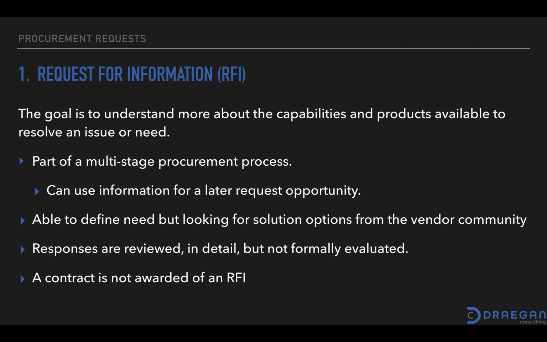The responses are timed, so they have an issue date and a respond-by date. The responses are reviewed in detail, so they go over them quite closely, but they're not formally evaluated, so they're not compared or ranked against one another. At the end of an RFI cycle, a contract is not awarded. The intent is not to enter into a purchase agreement. It is just to gather more information.